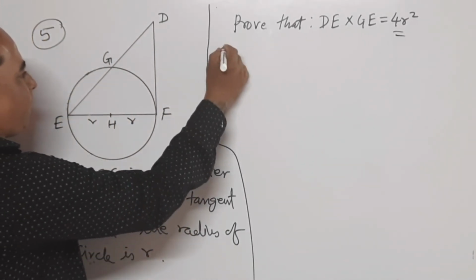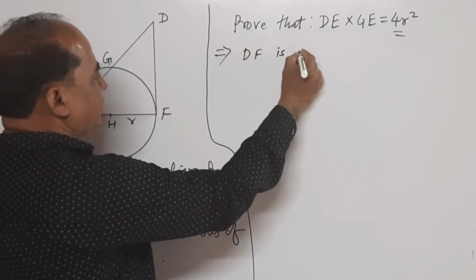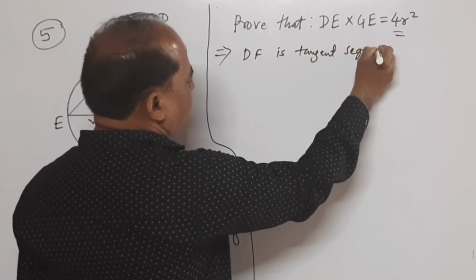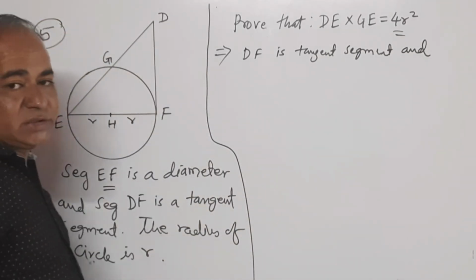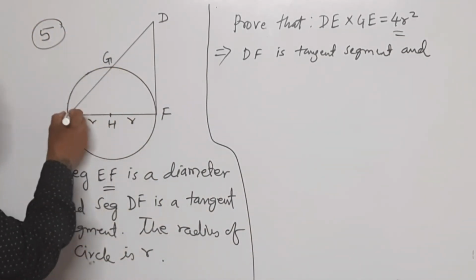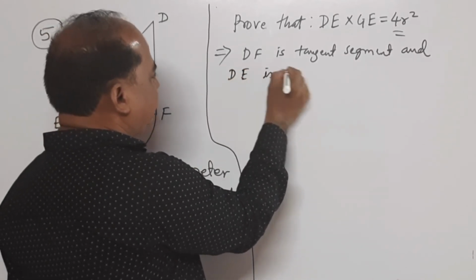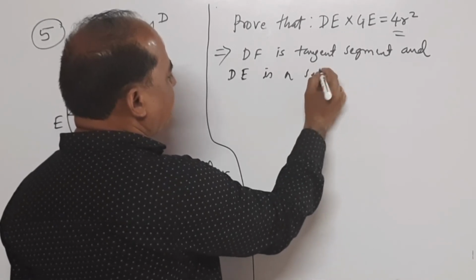Now, here DF is the tangent segment, and DE is the secant which intersects the circle in two distinct points.